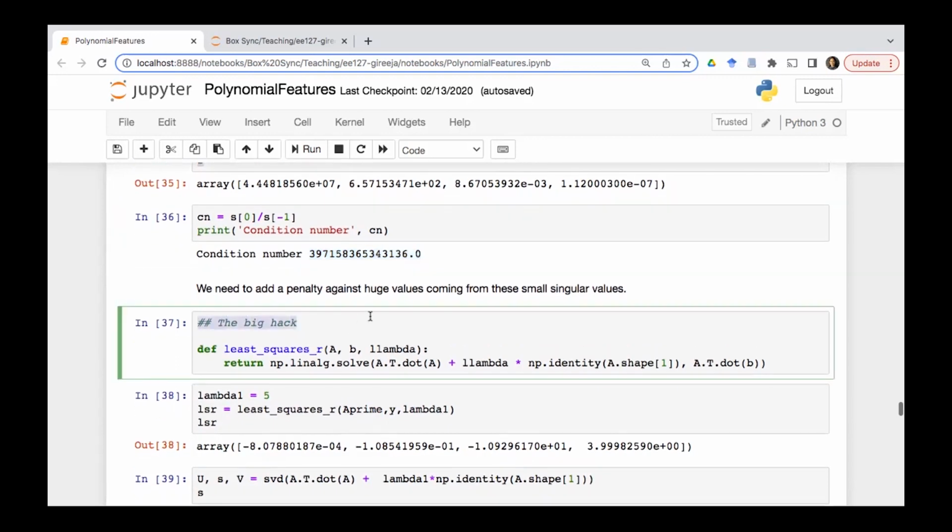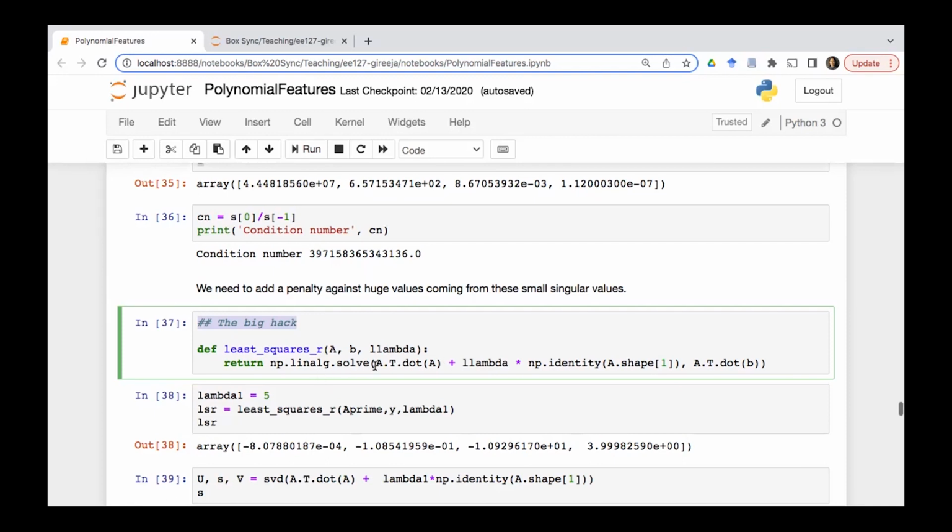What's happening is that I have some singular values in this inversion that are getting small, which is causing this large condition number. If I have something that's very close to 0 and I'm trying to invert it, that's bad. So if I wanted to push it a little bit away from 0, I would just add a constant, right?